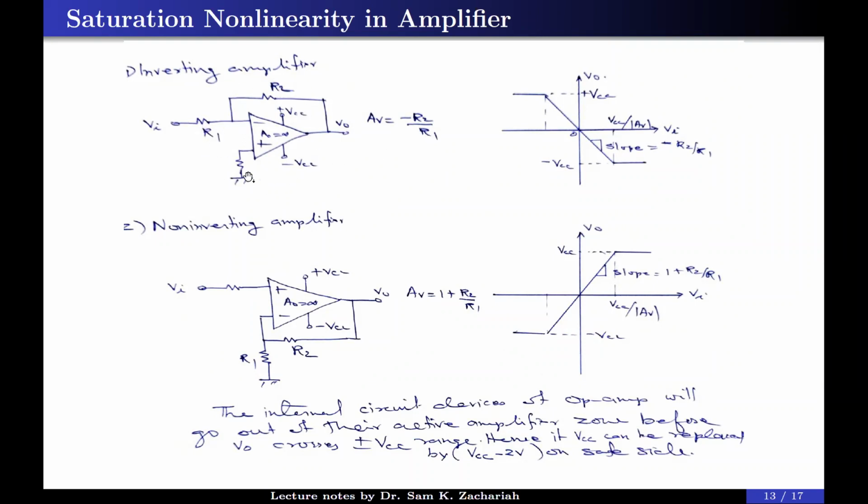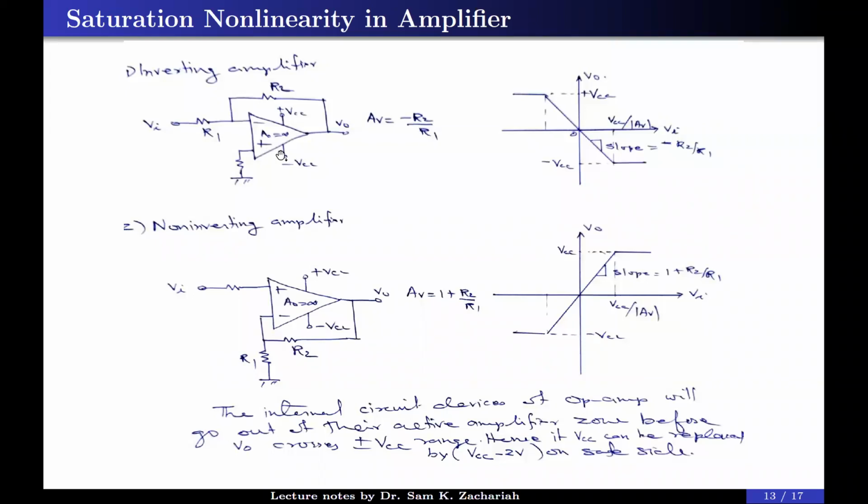But this operation is as per the ideal equation, as long as the operational amplifier gain is infinity. Practically, it will not be infinity, it will be of the order of 5,000, 10,000 like that, because there are multiple stages of the op-amp amplifier.